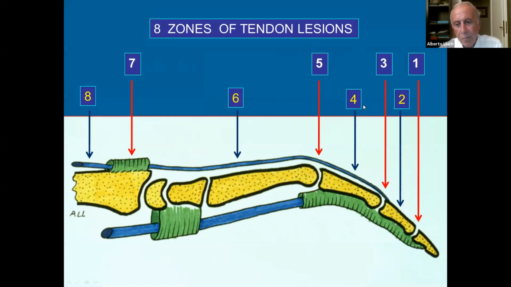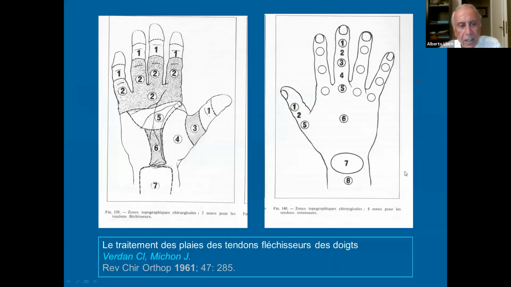And the even numbers are the sections of the tendons in between. Here's the flexor tendon with the flexor retinaculum, and this is the flexor tendon sheath. And this is a good classification and quite easy to remember. The only thing I don't like is that it's numbered opposite to what is usually done in anatomy.